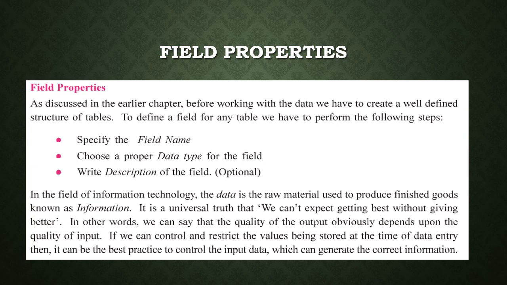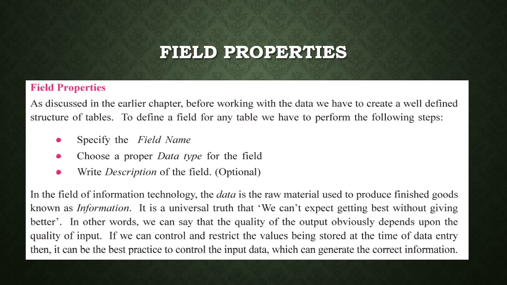So we put a description about that. So to define a field for any table, first we define the field name, then the data type, and then the description. Description is optional. It's not necessary to give it. I hope you all are getting this.